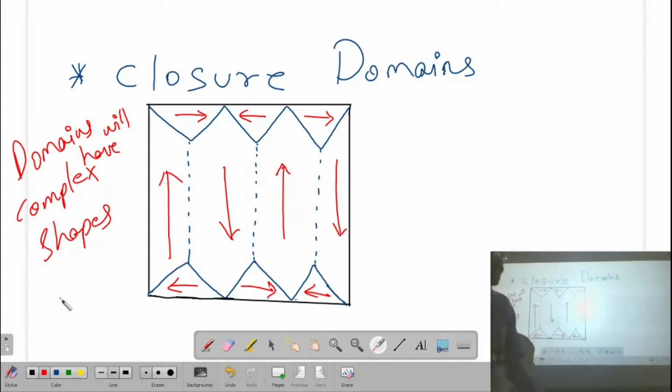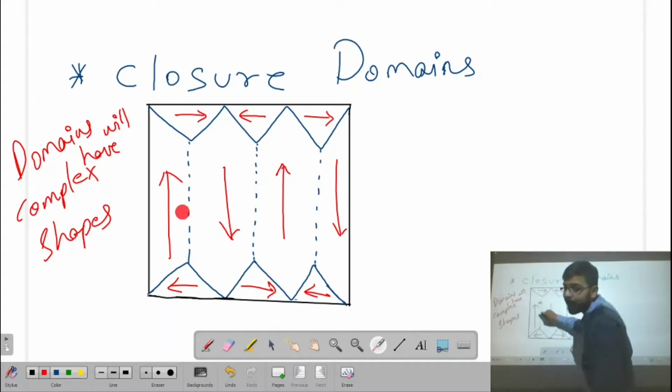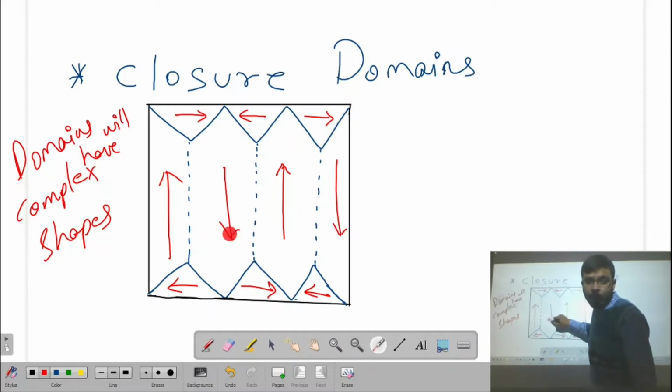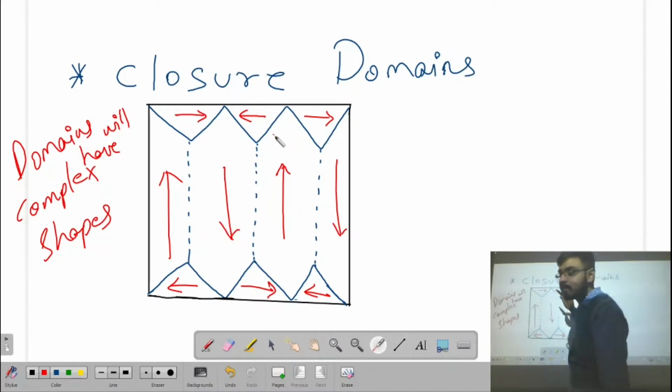In that case, the boundaries associated with the materials will have very small portions left unconnected to the bigger domains. This is the main basic domain, and these are closure domains.